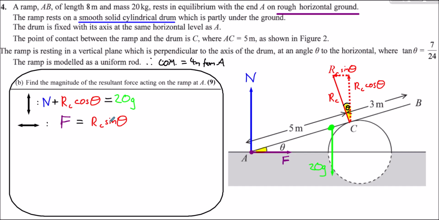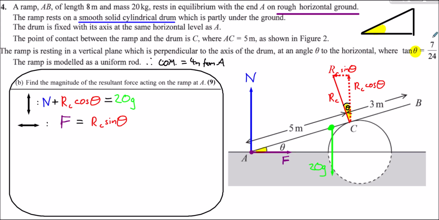And for sine and cos theta, we can actually do one better because we're told what tan theta is. We're told tan theta is 7/24. So if we construct a right-angled triangle for that, we can work out the exact ratios of sine and cosine. If this one here is theta, then the tangent is defined as opposite divided by adjacent.